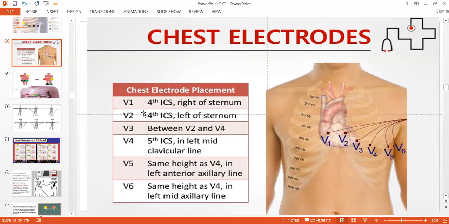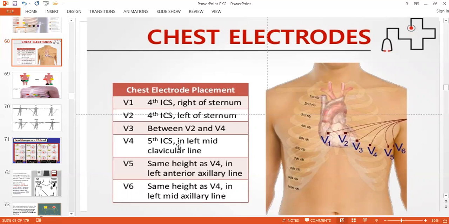What I want you guys to do is give that back to me, in your own words, or you can answer the questions from the presentation itself. You're going to name those leads that are involved in the hexaxial diagram. You're going to describe the location of the precordial leads.